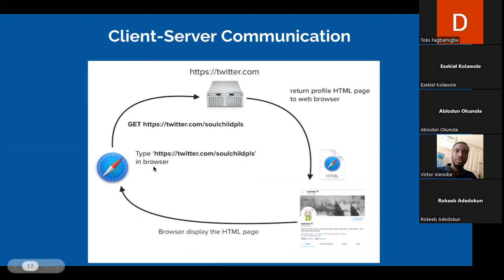So when you type twitter.com, it sends a request to the Twitter server, and then it returns an HTML page to the web browser. While returning the HTML page, the details of this particular person will also be attached.